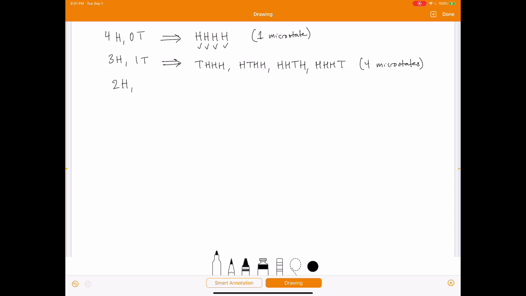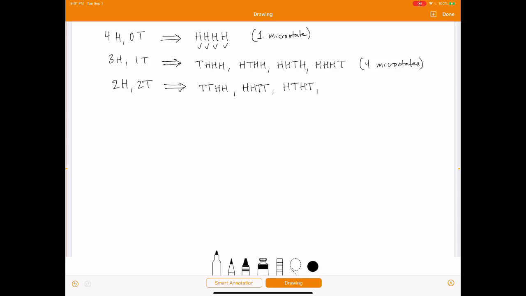Okay, what about getting an even split, 2 heads, 2 tails? There are even more ways this can happen. You can get 2 tails, and then the next 2 flips you get heads, or just flip that around. The first 2 flips you get heads, and the second 2 you get tails. You could get an alternating sequence where it's heads, tails, heads, tails.